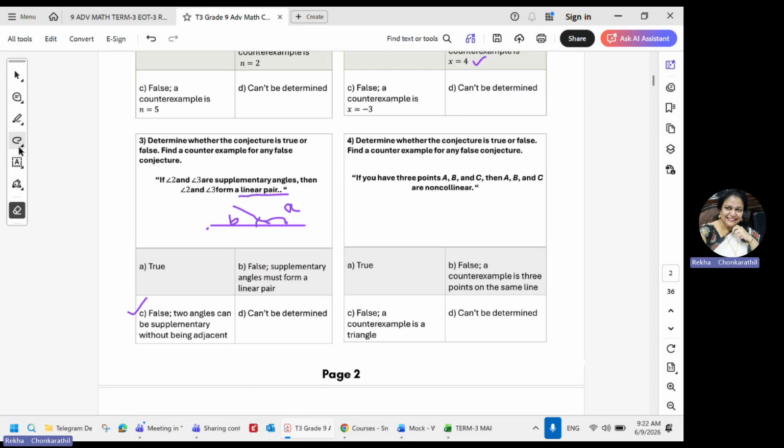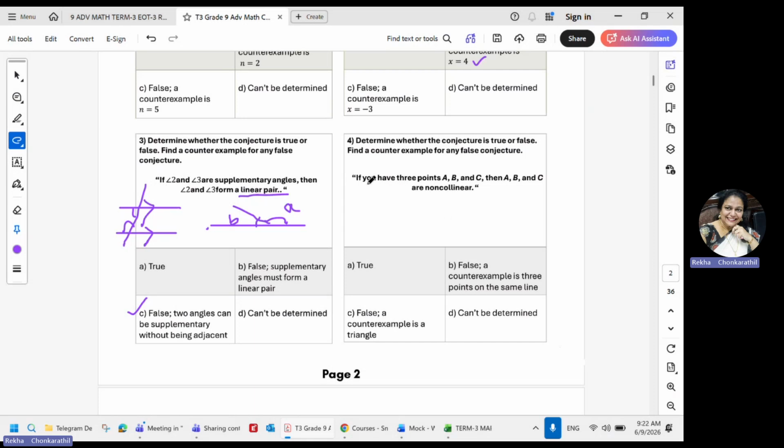Let me draw. For example, these two lines are parallel and you have a transversal. Angle A and angle B, these are the two angles I'm talking about. These two angles are supplementary, but are they a linear pair? No. So this statement is false.